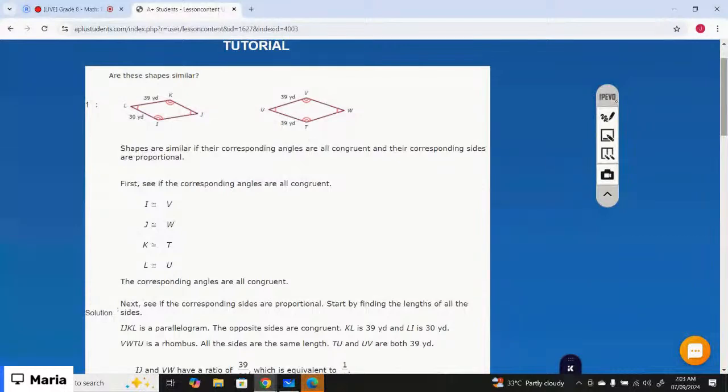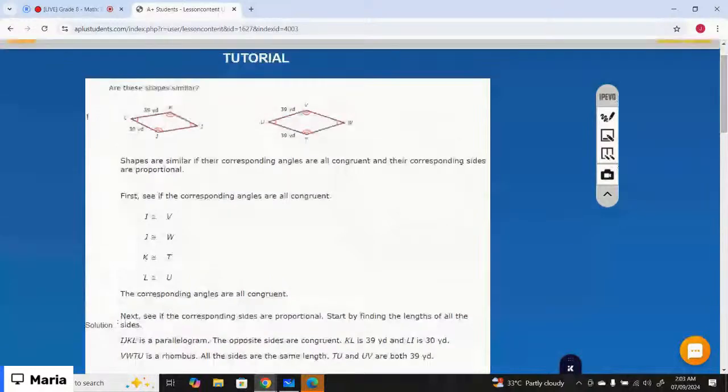Angle L is congruent to angle U, angle K is congruent to angle T, angle I is congruent to angle E, and angle J is congruent to angle W. So all the angles are congruent. Now see if the corresponding sides are proportional.